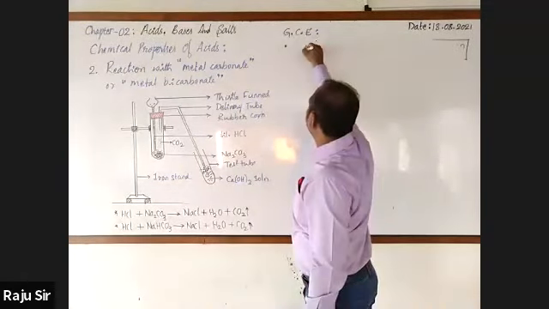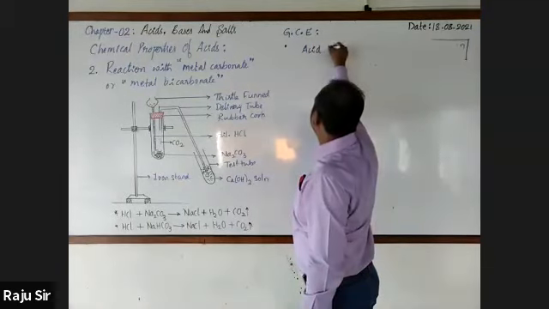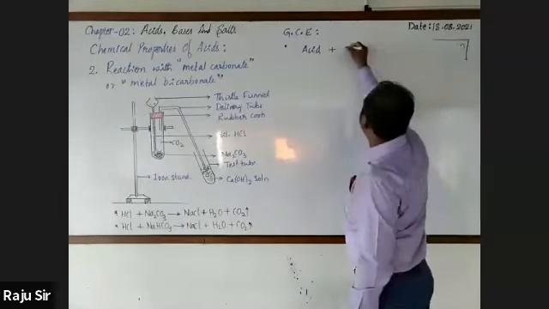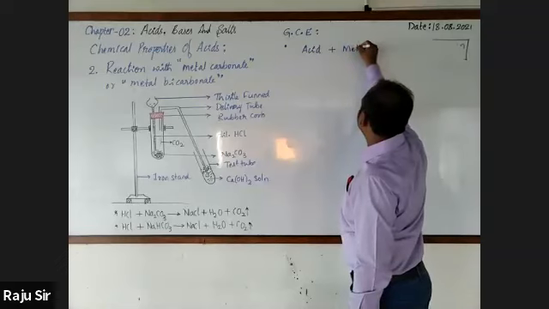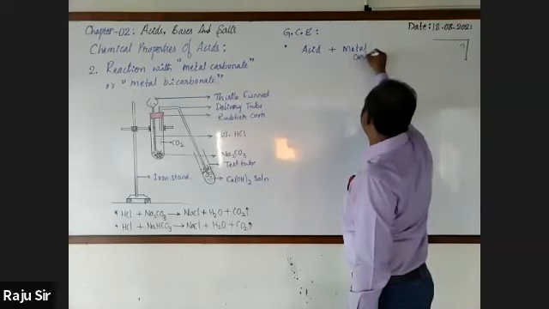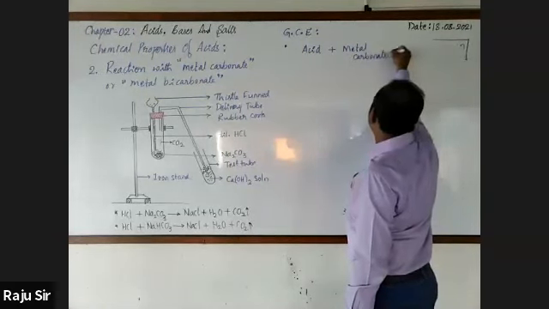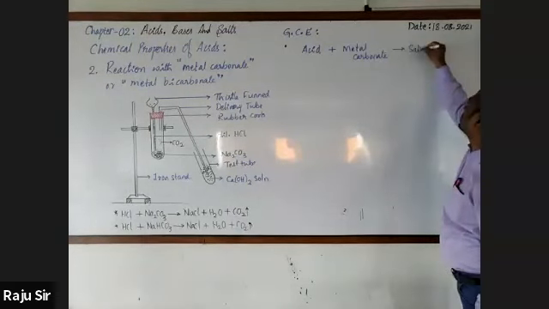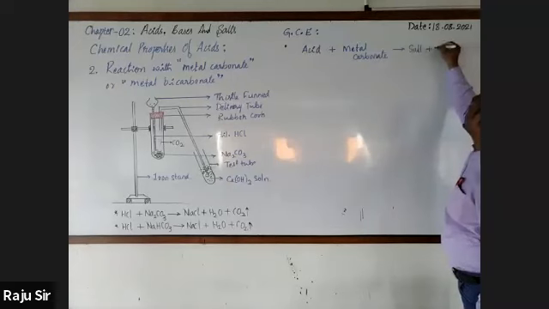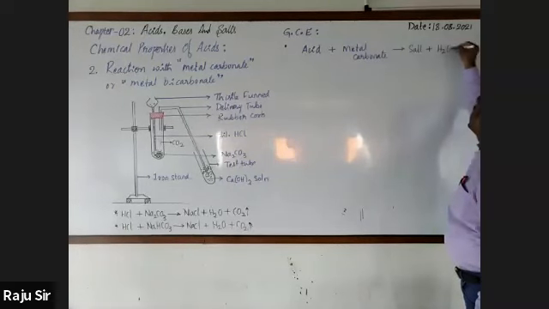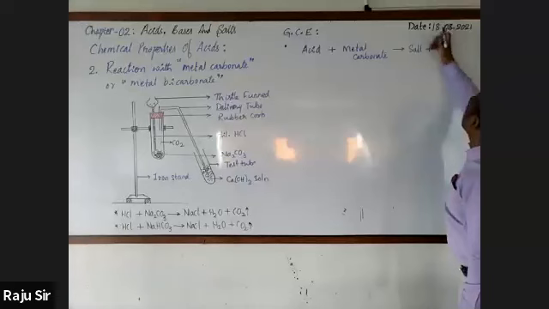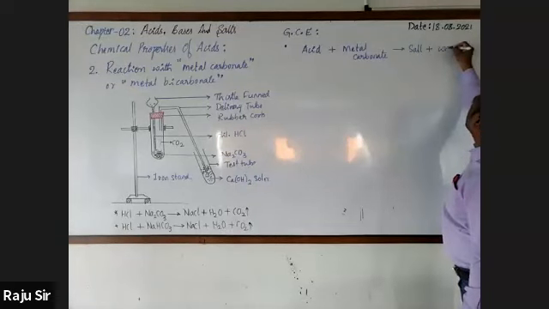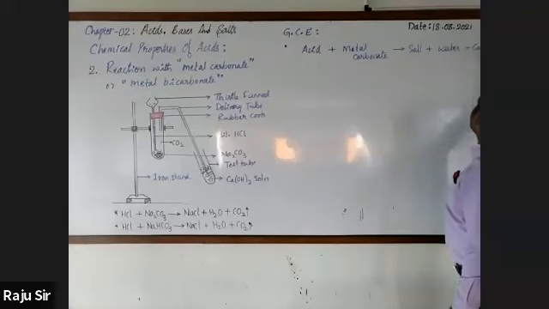First one: acid reacts with metal carbonate to produce salt, water, with the liberation of carbon dioxide.